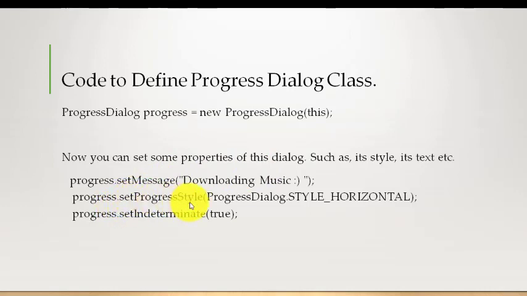Now there is a style. We can set the progress bar style: setProgressStyle, horizontal or vertical. You can set a horizontal progress bar. Most of the time, most applications show a horizontal progress bar. So here we are setting the style as horizontal. Now progress.setIndeterminate.